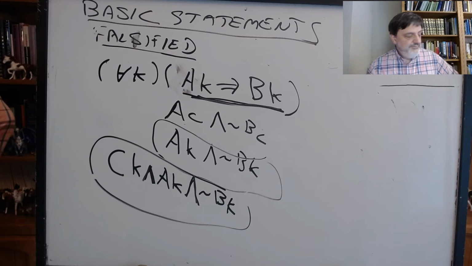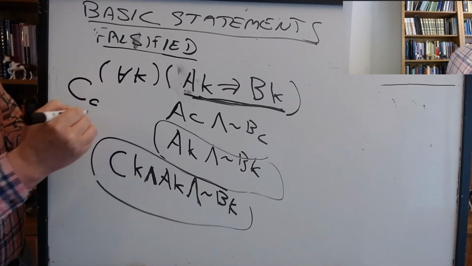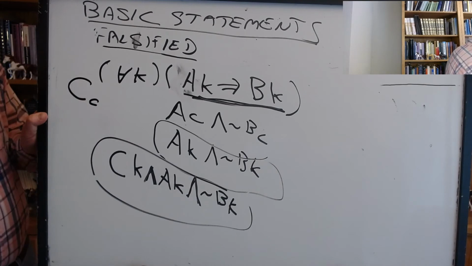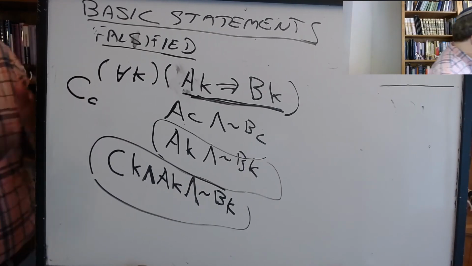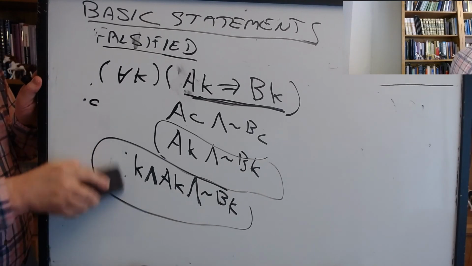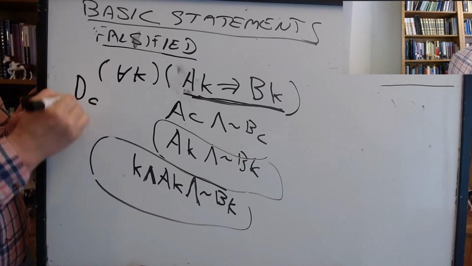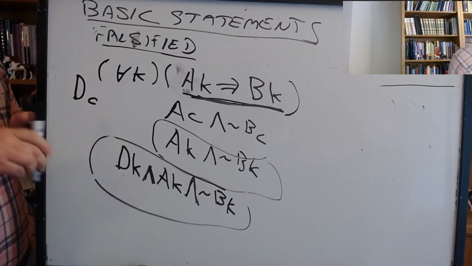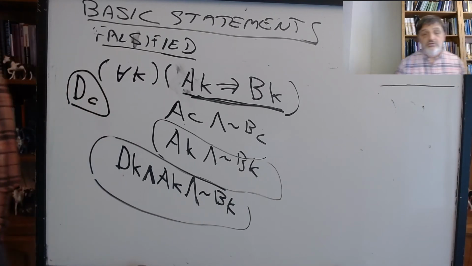Well, I find some C such that, this is confusing. Maybe I shouldn't have used C. Let me call this D. I find some D such that D of K is true.